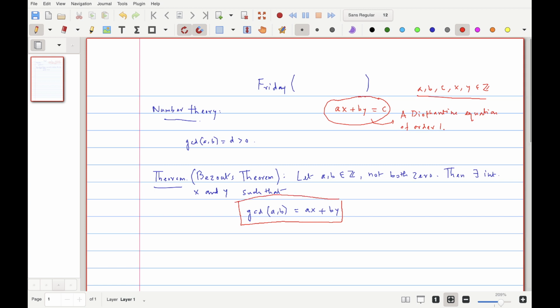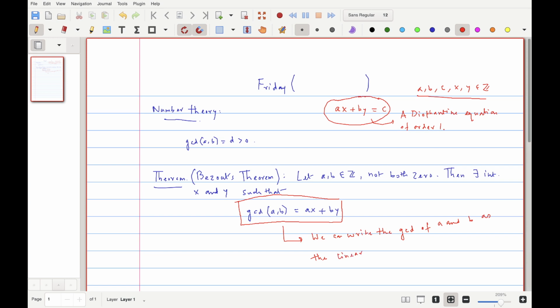What Bezout's theorem essentially means is we can write the greatest common divisor of A and B as a linear combination.